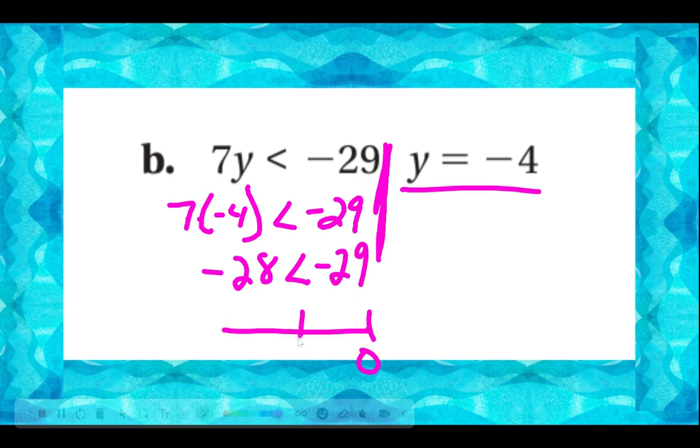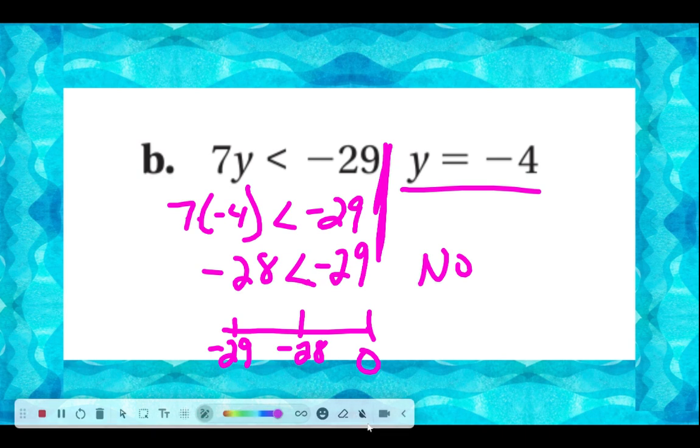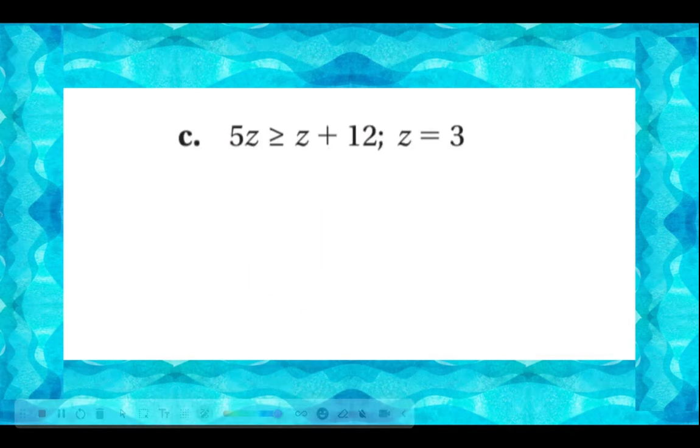This would be 0, -28, -29. So this one is a no. That would not be a solution. -4 is not a solution because -28 is not smaller than -29. Great job.